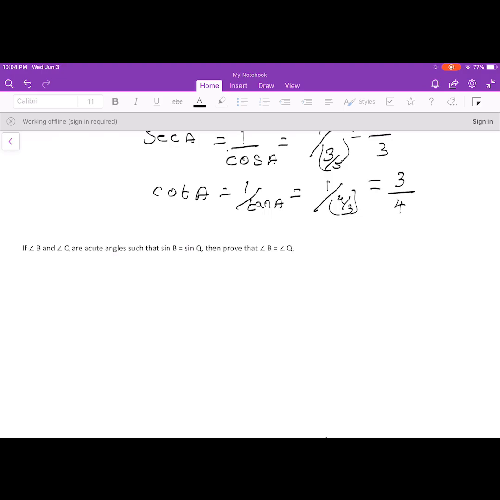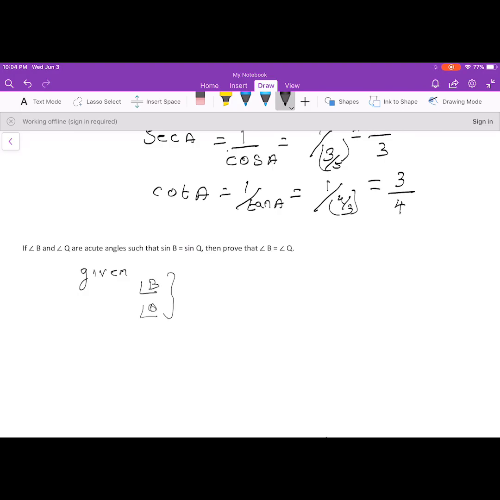The given data is angle B and angle Q are two acute angles, and sine B equals sine Q. What we have to find is angle B equals angle Q. This is what you have to find out.